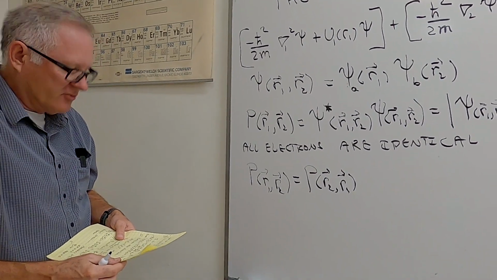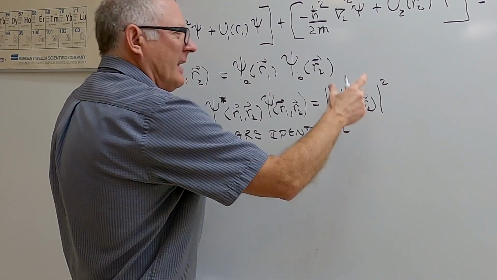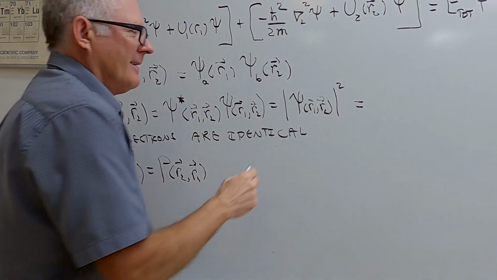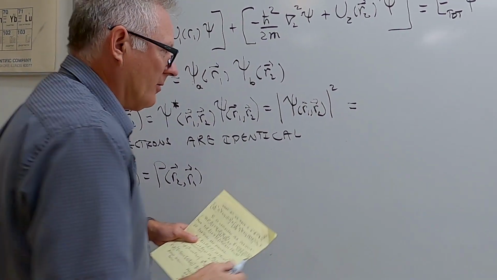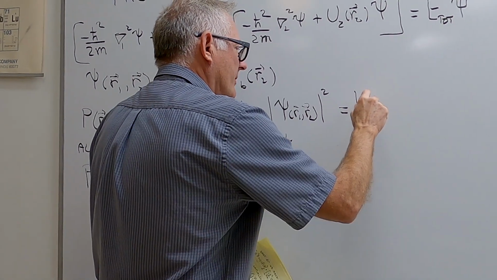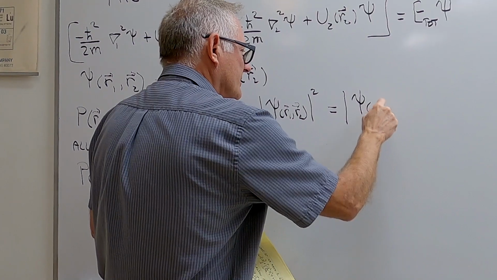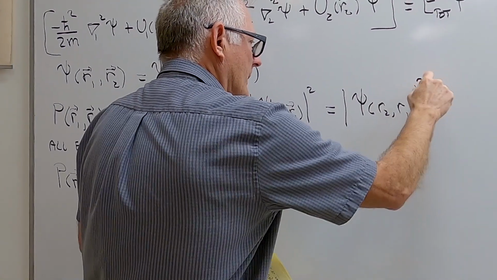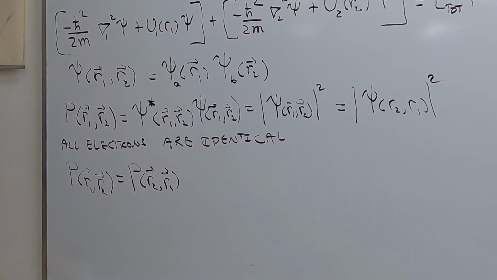Well, if that's true, then this is equal to what I get if I just swap them. So instead of R1, R2, this is R2, R1 squared. So the probability is the same right here.